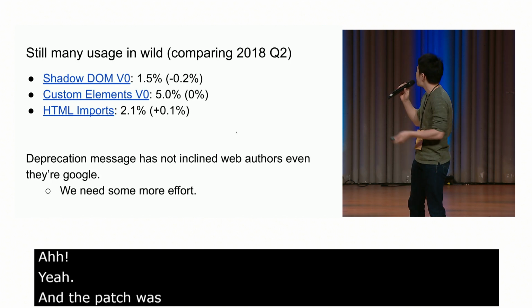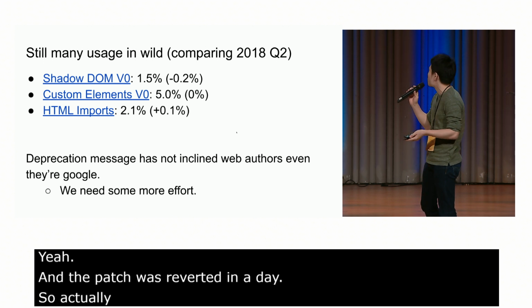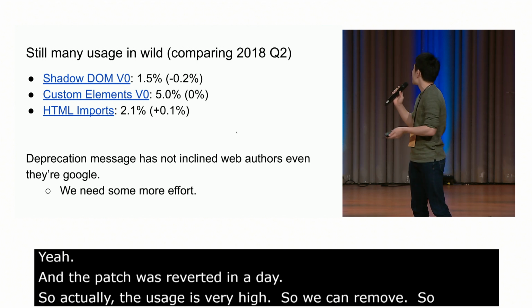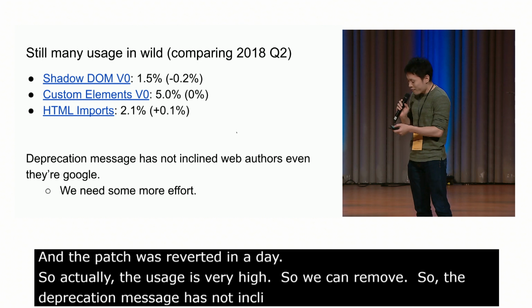So actually the usage is very, very high, and we cannot remove them so far. And the deprecation message does not give developers enough information. So we need some more effort.